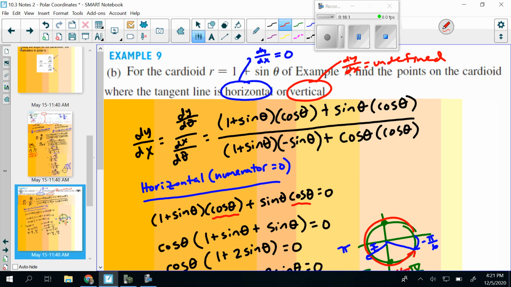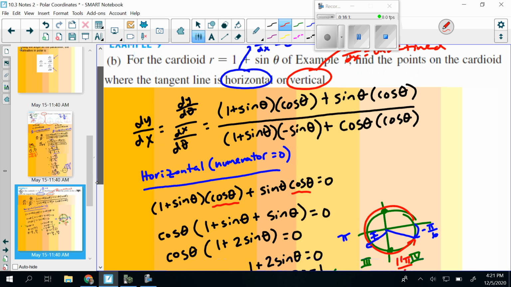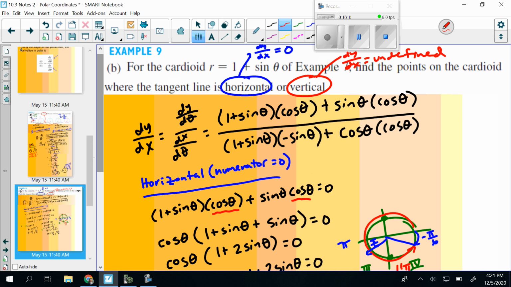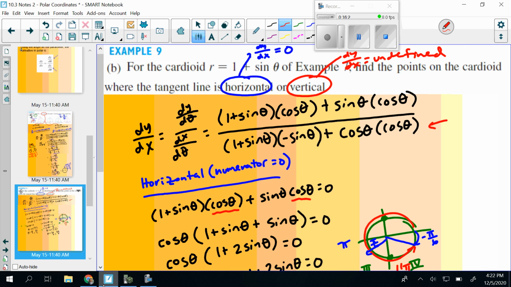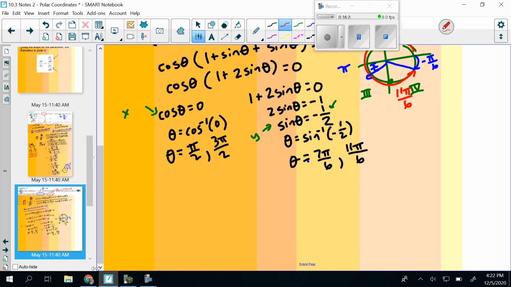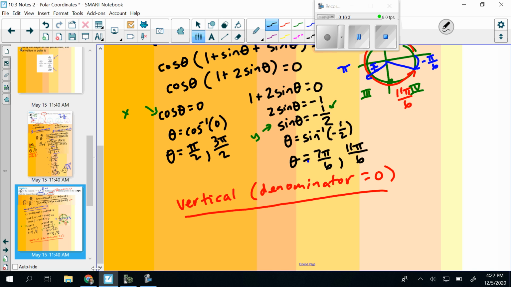Okay, and how we're going to find that is take this denominator right here and set the denominator equal to 0. So in order to do this one, for vertical, that's where the denominator equals 0. So we're going to set our denominator equal to 0 there and solve.